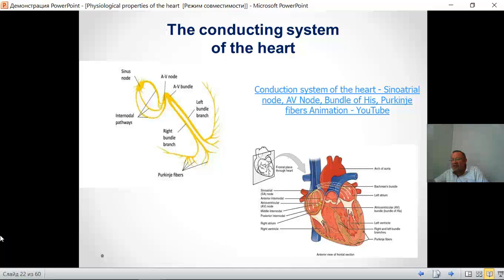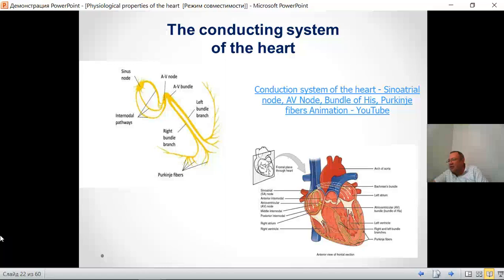The bundle of His is a collection of heart muscle cells specialized for electrical conduction. These cells receive input from the AV node. The bundle of His branches into the left and right bundle branches, which travel down the interventricular septum. Branches of the bundle of His propagate impulses to the left and right ventricles, respectively.